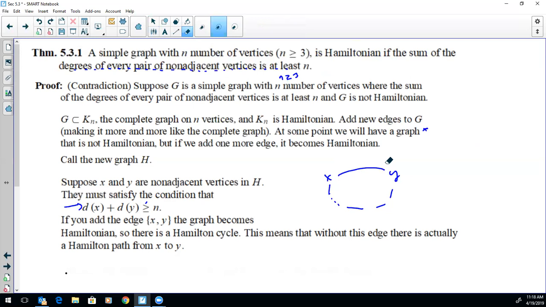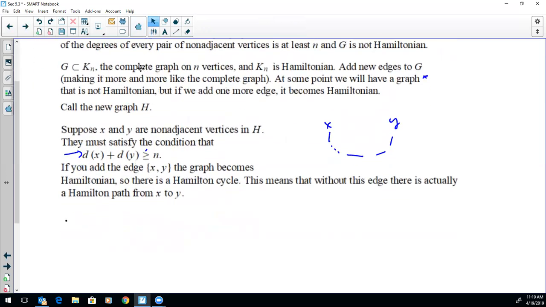It's going to have to include that edge because the cycle didn't exist before I added that edge. So consequently, if we take that edge away, then we actually have a Hamilton path from X to Y.